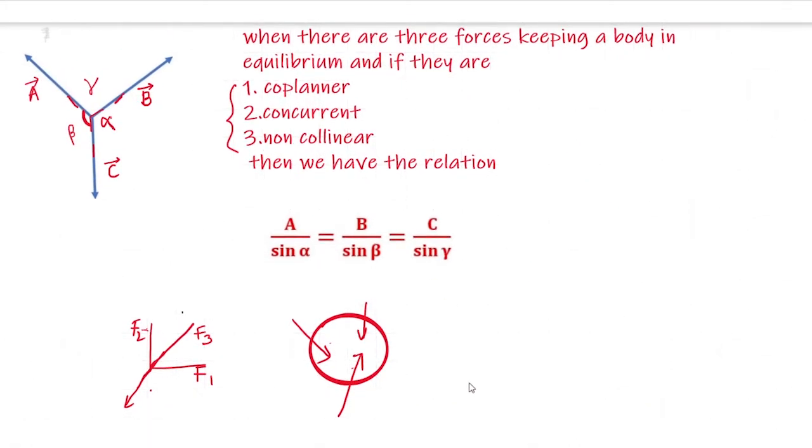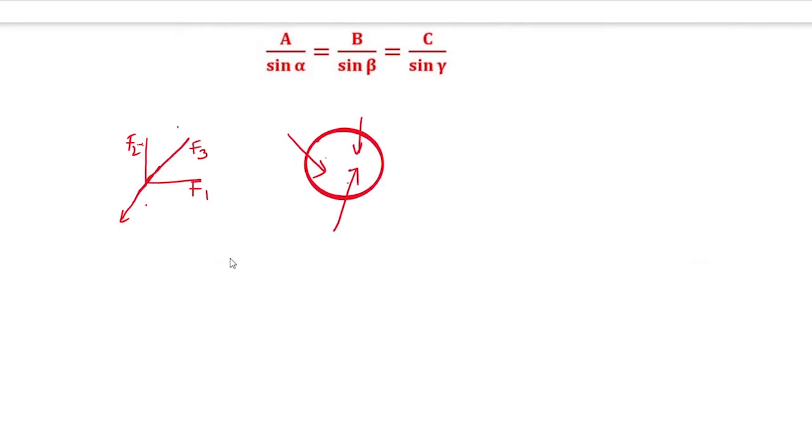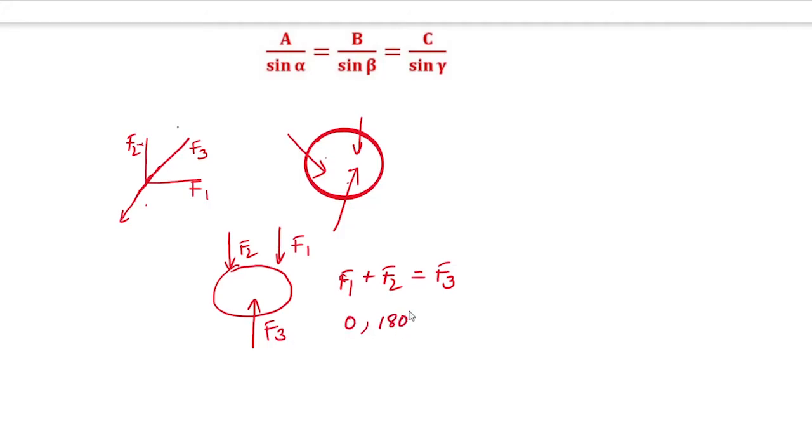And the third one is non-collinear. This one is required so that we can use Lami's theorem, because if we have a body acted upon by three forces, F1, F2, and the third one in the opposite direction, F3, still we can have this in equilibrium such that F1 plus F2 equals F3, but we cannot use Lami's theorem here because the angle between these forces will be 0 and 180, and sine of 180 is 0.